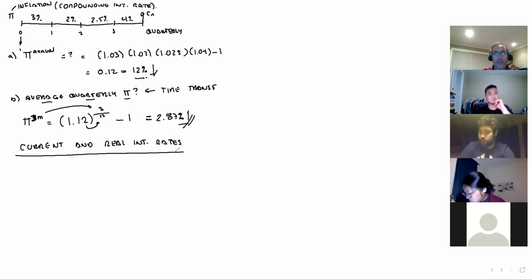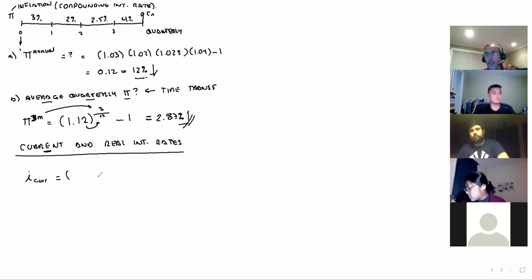Ready? So guys, what is the current rate? Current is simply the rate that includes inflation, right? And normally, when you sell something, you sell it for two reasons, and your price should include two pieces. One, the one that preserves the value of your money, and the second that provides you a real interest, a real markup.